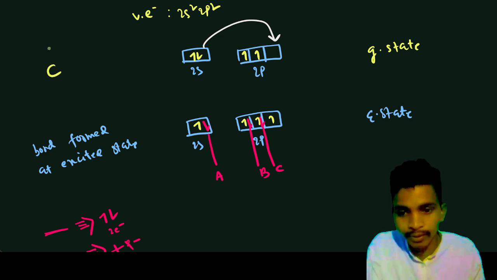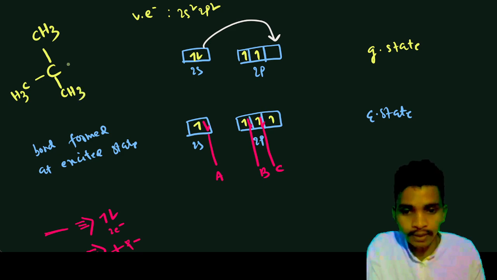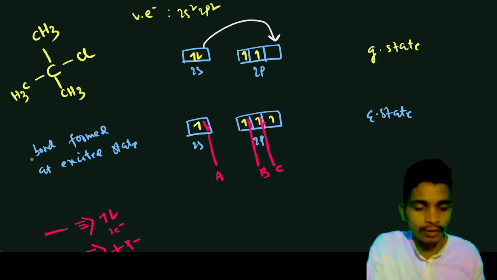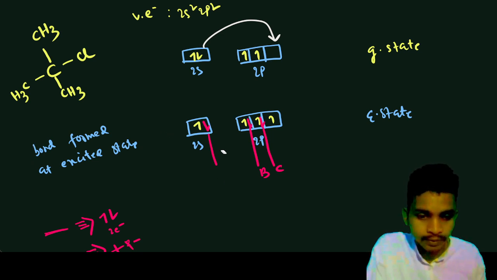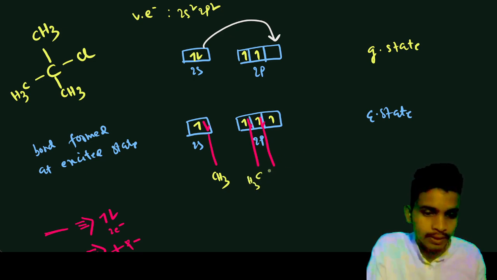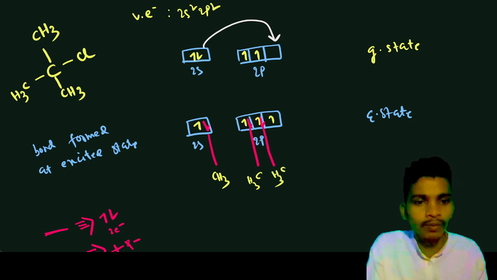Let's say we have carbons here, with CH3 here, CH3 here, and CH3 here, and let's say here we have chlorine.